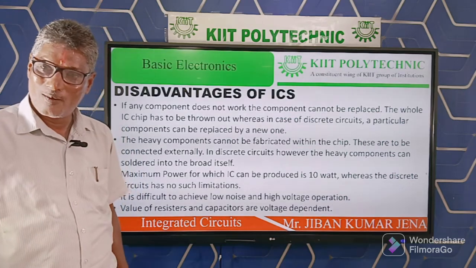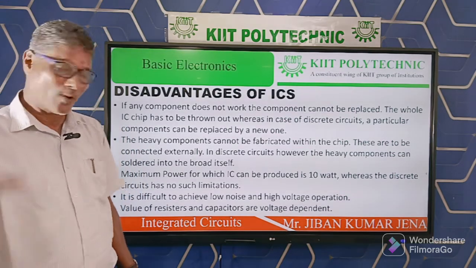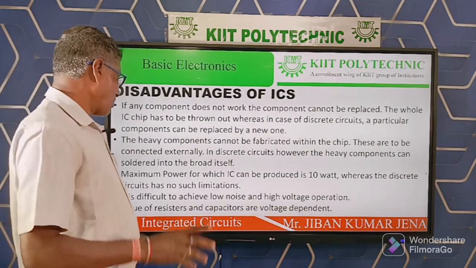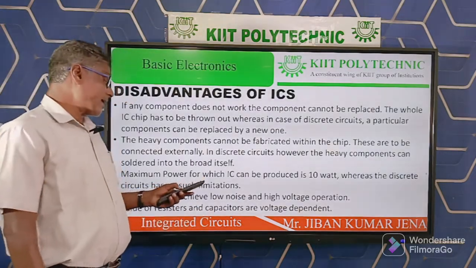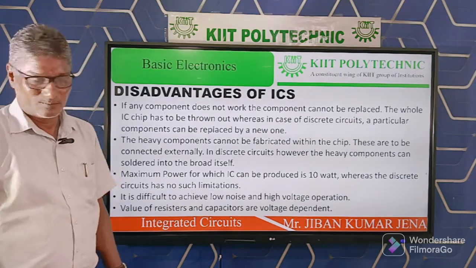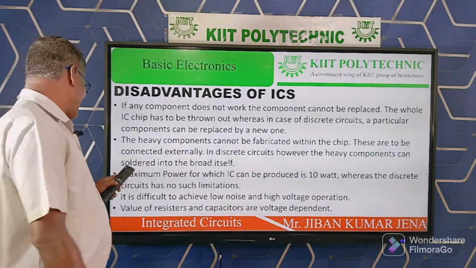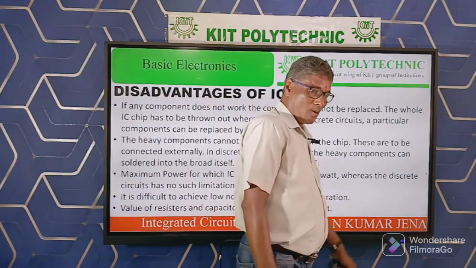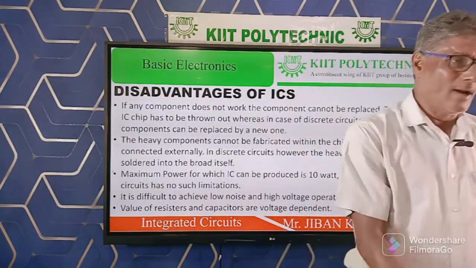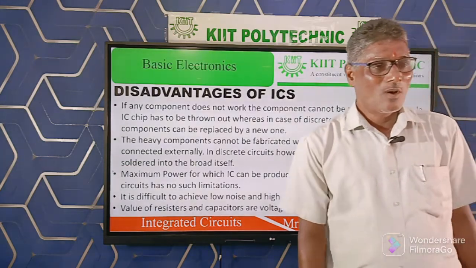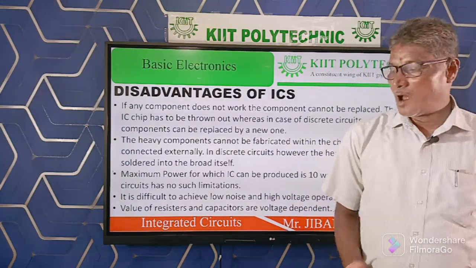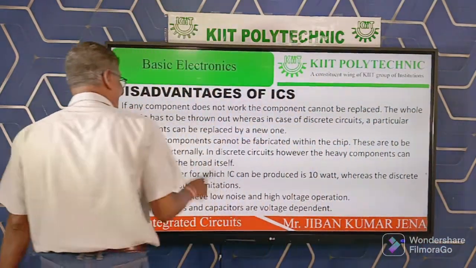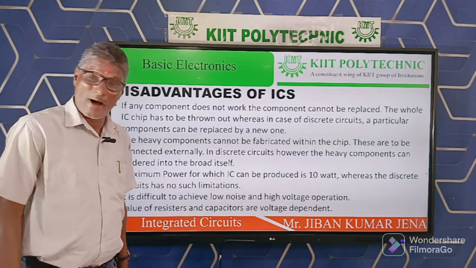Okay? Any doubt? Okay. Next point: the maximum power for which an IC can be produced is 10 watt, whereas the discrete circuit has no such limitation. With ICs, you can produce 10 watt of power maximally.